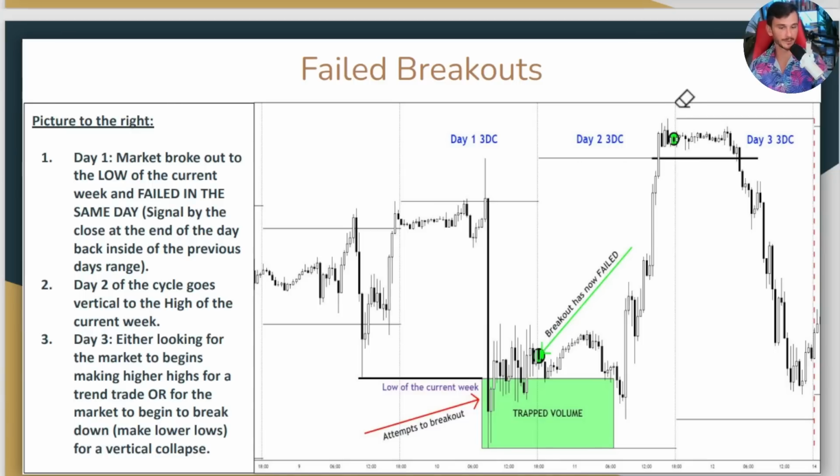Day 2 goes back to the high of the current week and goes right back into consolidation day 3. And you can kind of see the whipsaw action going up and going down. You're thinking, oh, we're going to go up. Oh, you're thinking we're going to go down. Just kidding. So we're going to talk about how to either not trade these at all or understand the conditions of the 3-day cycle whenever you do enter a ranging market and how to trade them specifically.